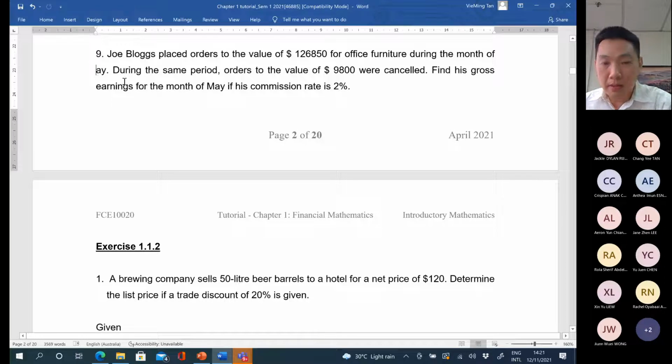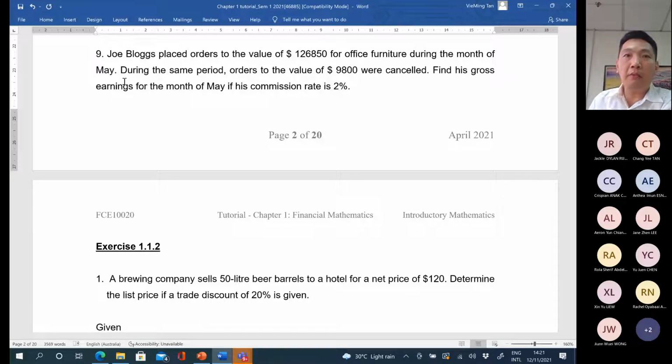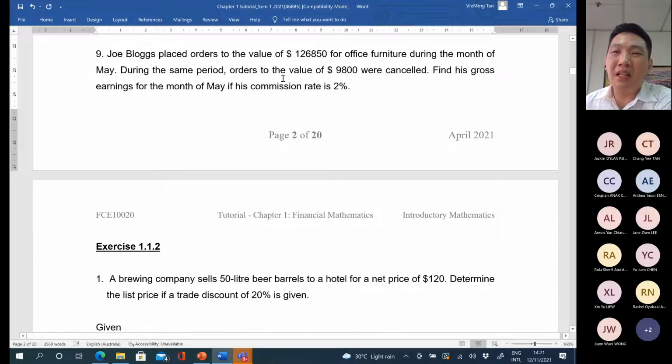Placing orders means managing to get the sales, receiving sales through an order from a customer, and the sales value is equal to 126850. That's the sales for this office furniture achieved by Joey in May. This is the total sales value.